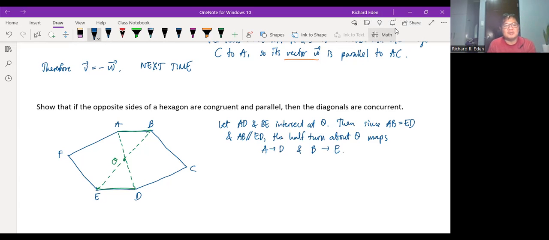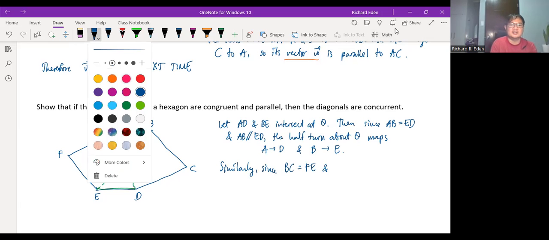So gagamit ba tayo ng concurrency theorem dito, which I actually have not discussed formally? We'd have to utilize Ceva's theorem. But hey, ganito, no. We can do the same argument. Okay, I'm not gonna draw it anymore, but similarly, since BC is equal to FE.